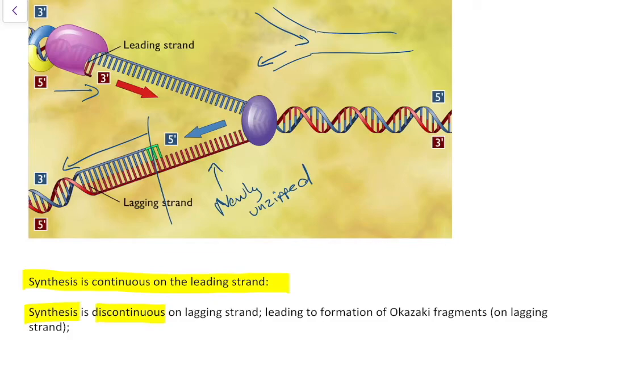It has to be done in small sections. And these sections are called, so for each section where we've unwound and we can do that section away from the fork, these are called Okazaki fragments.